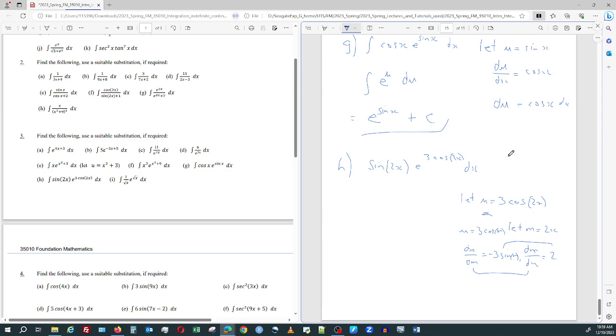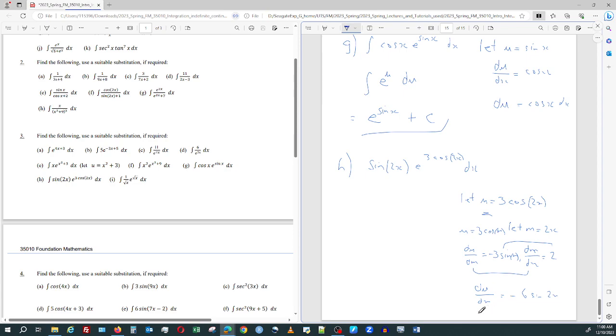So we end up with du dx on a chain. Du dx is equal to minus 6 sine 2x.